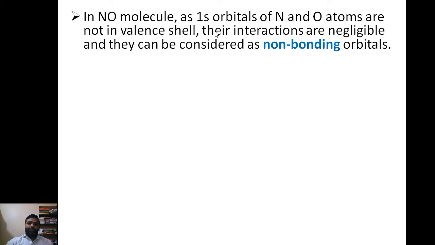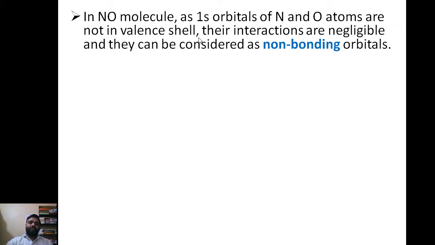In the NO molecule, the 1s orbitals of nitrogen and oxygen atoms are not in the valence shell. You can understand it: 1s, 2s, and 2p. 1s is the first shell, 2s and 2p are the second shell. The first shell is completed, then you come to the second shell. Therefore, the 1s orbitals of nitrogen and oxygen atoms are not in the valence shell.